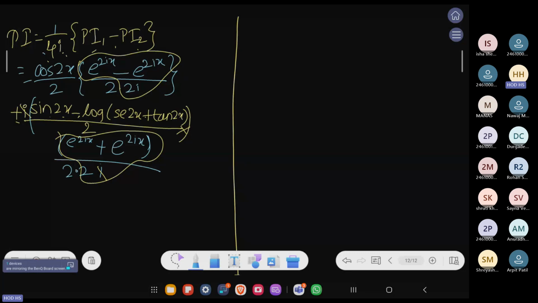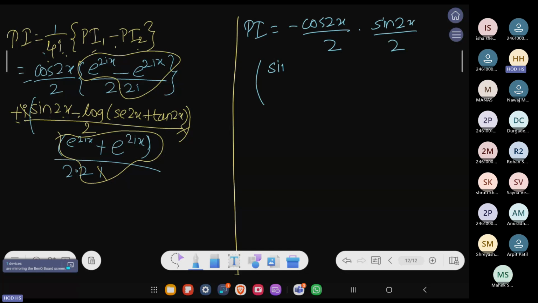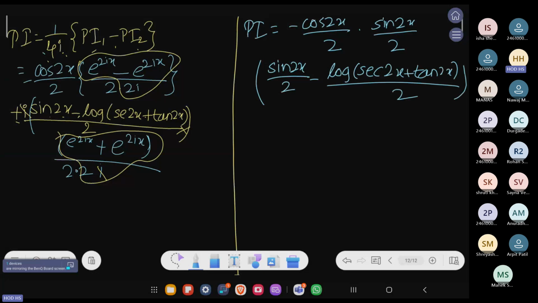So my particular integral in this case will be this cos minus cos 2x by 2, and this will give me sin x by 2, sin 2x by 2. Then this first whole bracket is sin 2x by 2 minus log (sec 2x plus tan 2x) whole divided by 2, and again this is multiplied with cos 2x by 2.